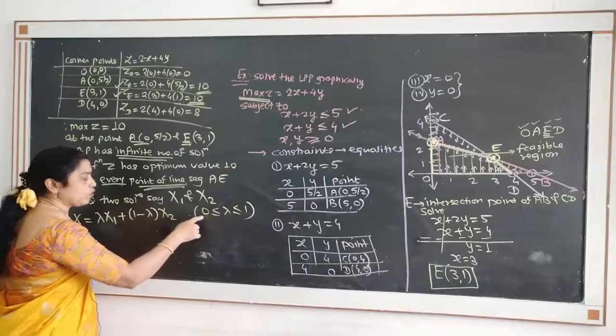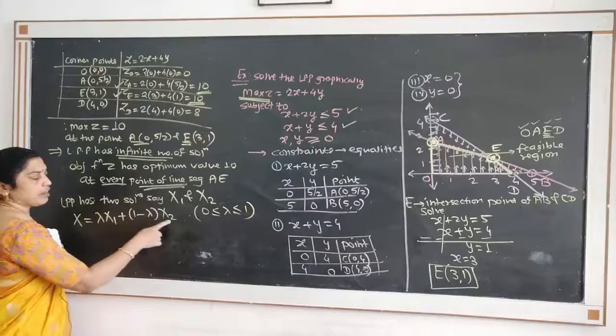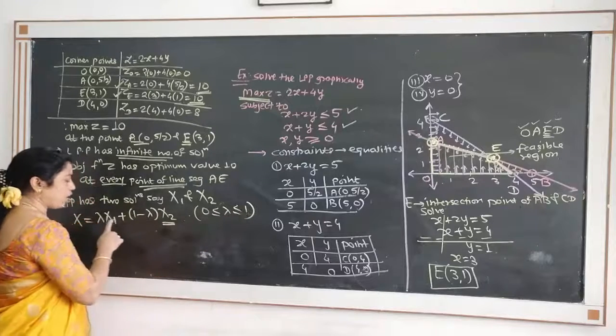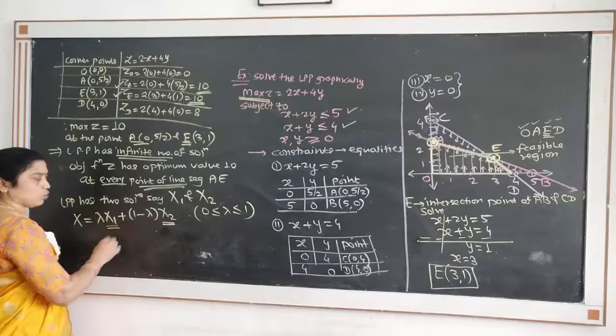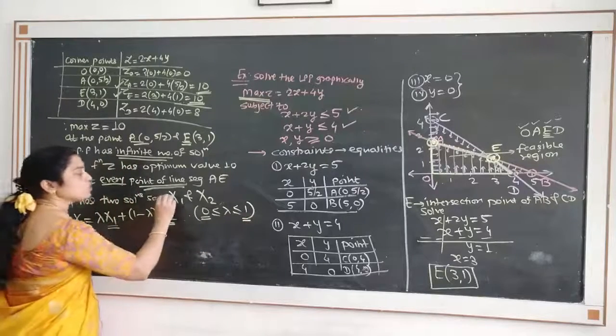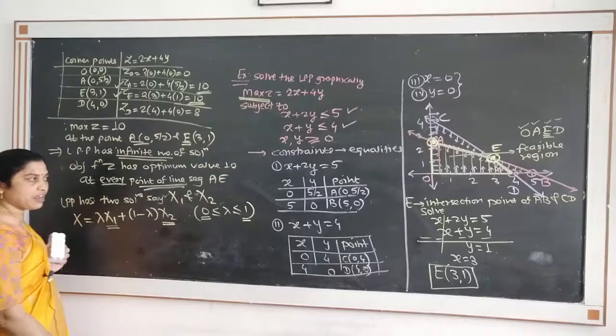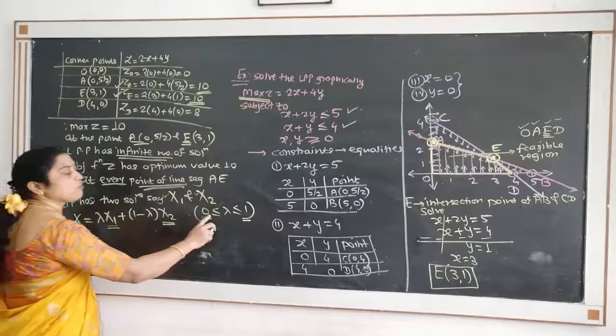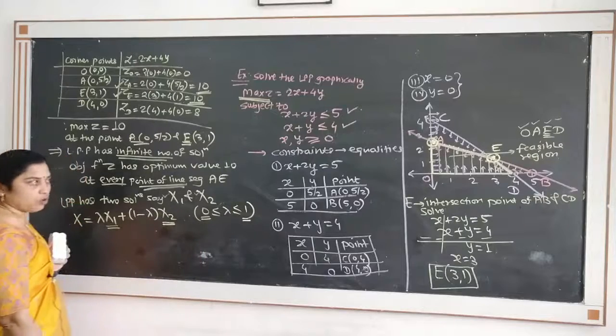When you put lambda equal to 0, we will get the x2 solution, and if you put lambda equal to 1, we will get the x1 solution. So 0 and 1 values of lambda give us the original solutions x1 and x2. If you want more solutions, we take any value between 0 and 1 of lambda.